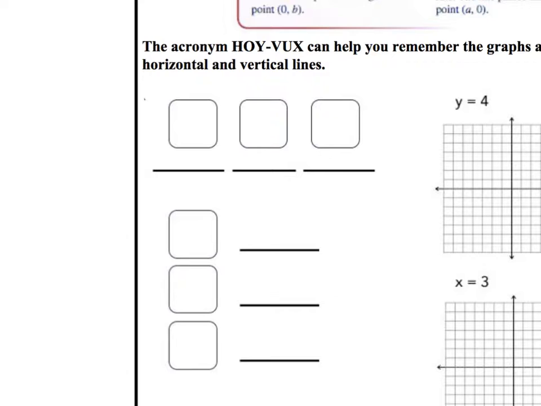Okay, so it's HOY, H-O-Y, horizontal lines. Horizontal lines have a slope of 0, so 0 slope, and are always y equals some number.